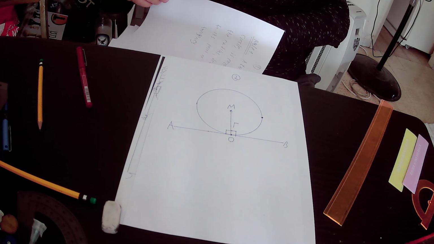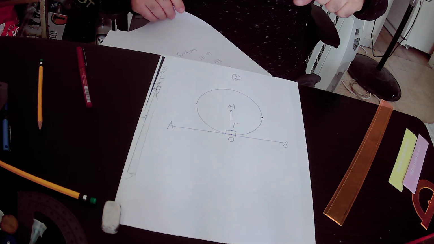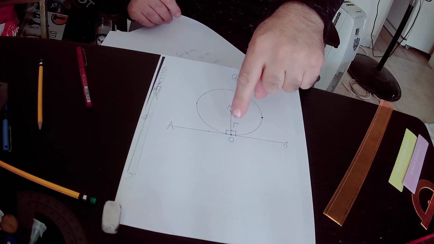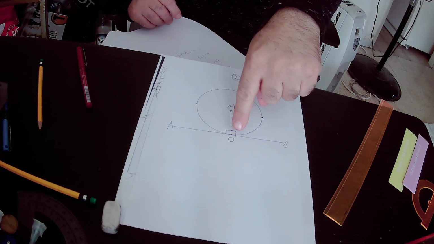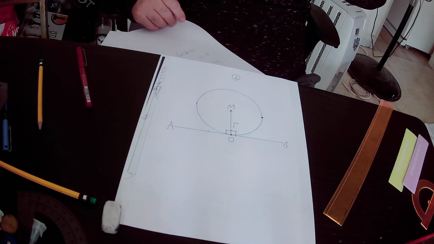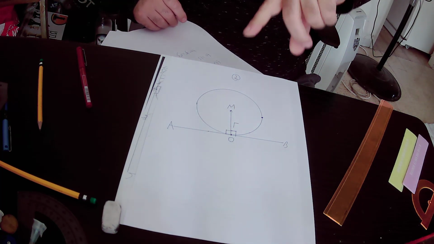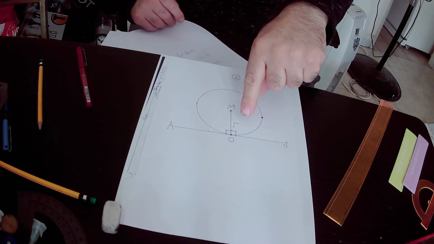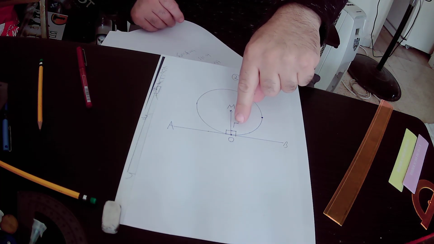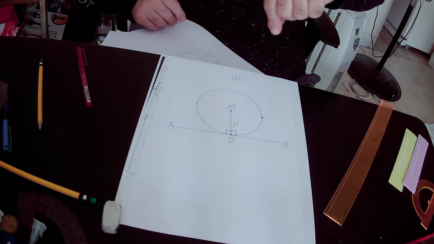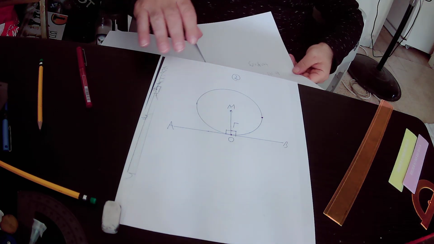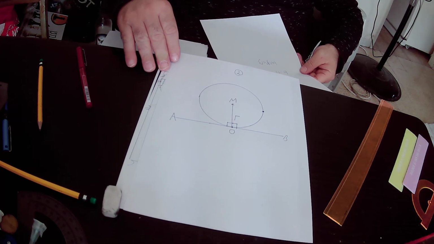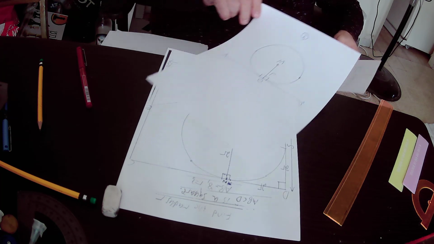Again, whenever the radius is drawn to the point of tangency, then the tangent will be perpendicular to that radius. So that is rule number one.